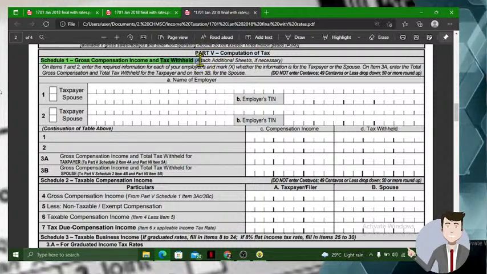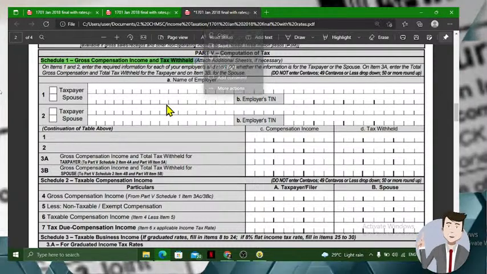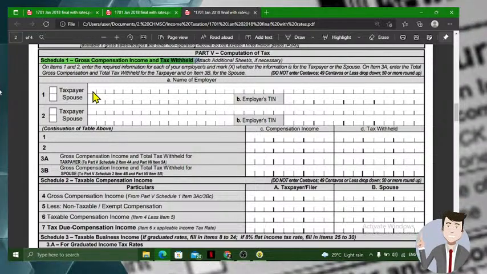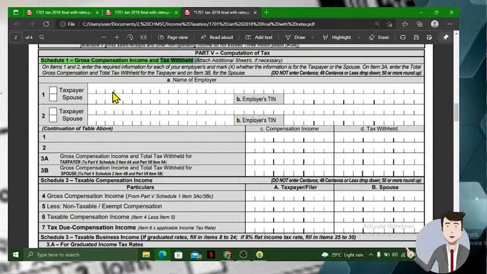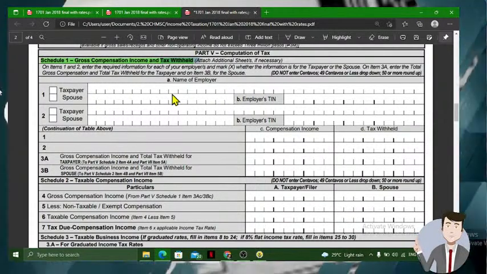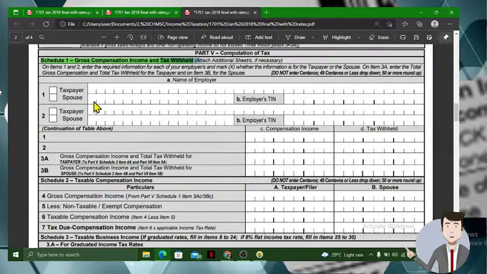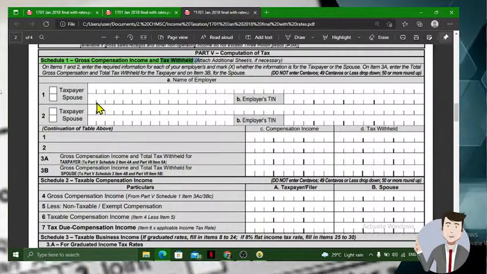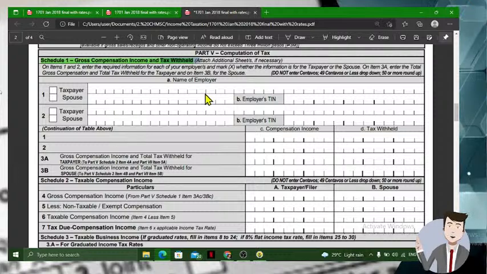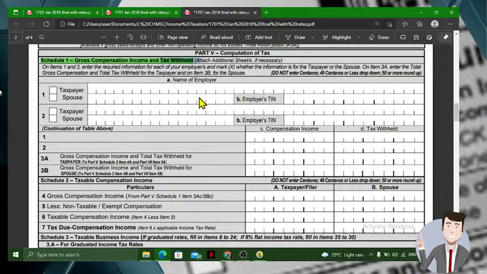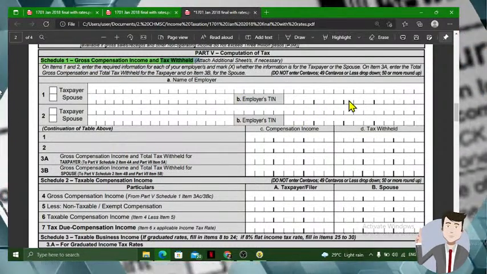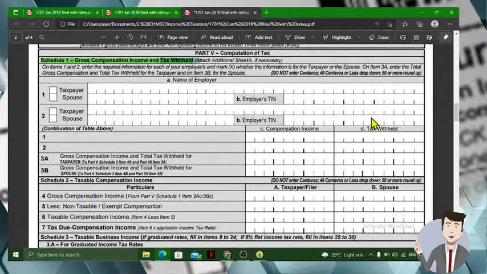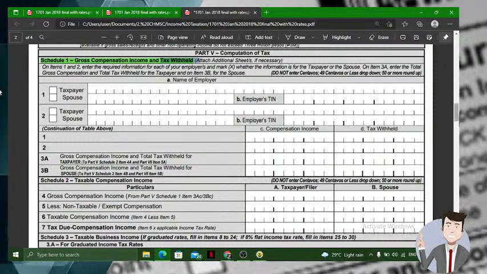As tax withheld. So for that, you will name the employer of the taxpayer on the first row, and on the second row, the name of the employer of your spouse, that's letter A, and second, the employer's TIN. Okay, on this side, the employer's TIN of your spouse, as the case may be.